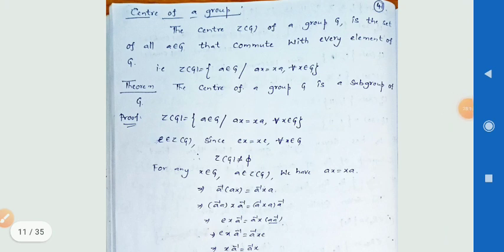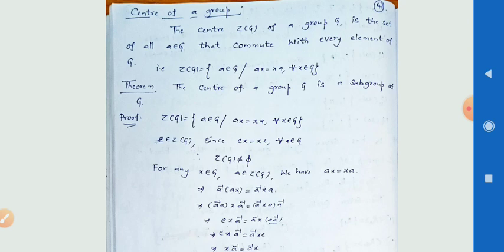Now another definition, the center of a group.